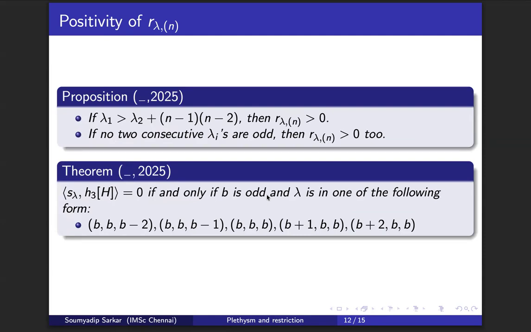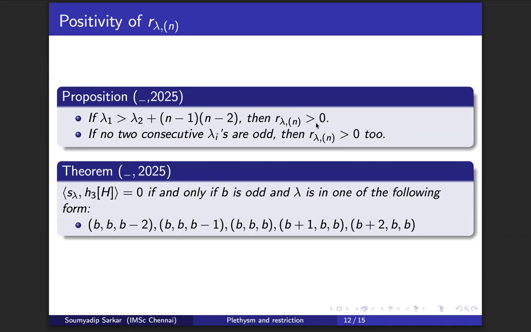The first proposition says that you look at your partition lambda, and then you look at the first two parts, lambda 1 and lambda 2. And if the difference of lambda 1 and lambda 2 is large enough, then this restriction coefficient is always positive.